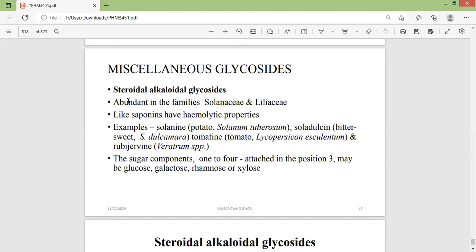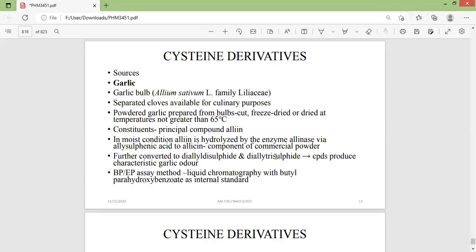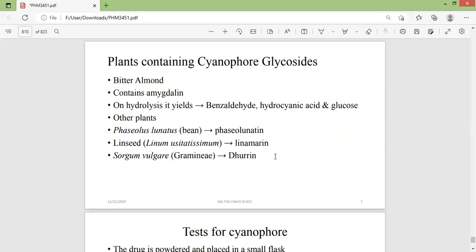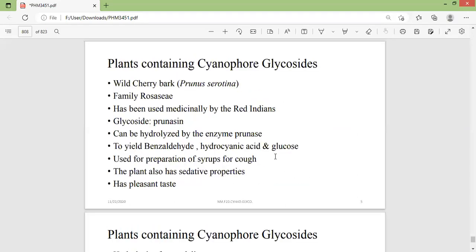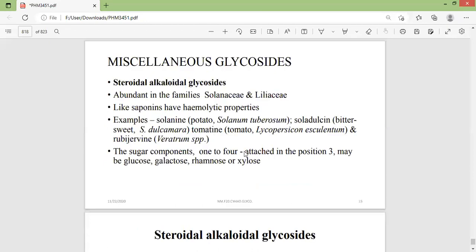They are found especially in the Solanaceae family and Liliaceae. Solanaceae is where we have the potatoes. Okay, so cassava is not there. Yeah, potatoes. I think potatoes is a major one.